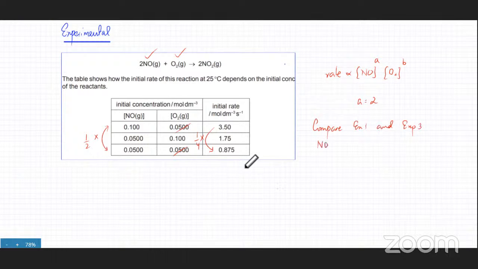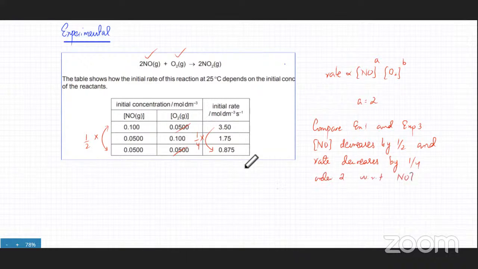NO concentration decreases by half, and the rate decreases by 1/4, so hence it's order 2 with respect to NO. Be very careful, it's NO's concentration.